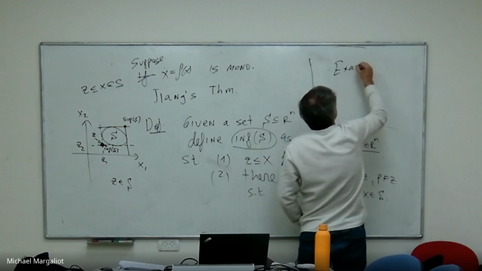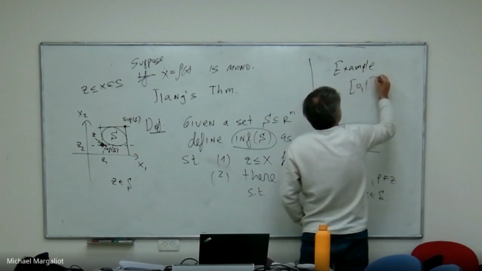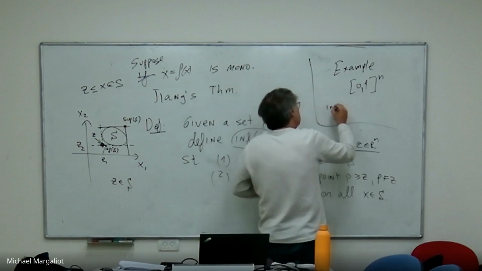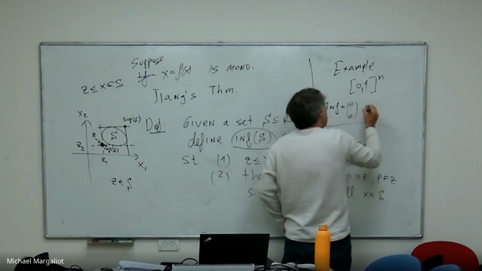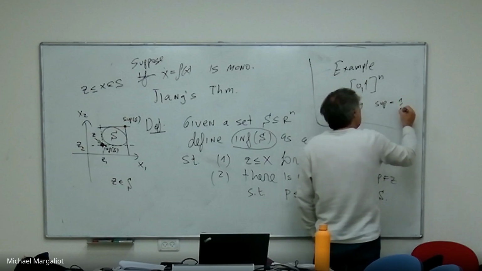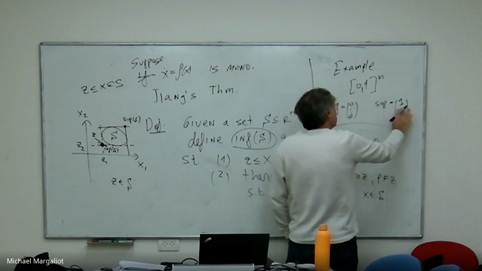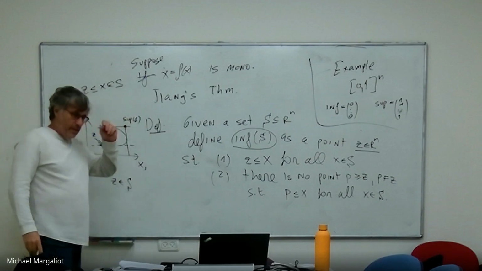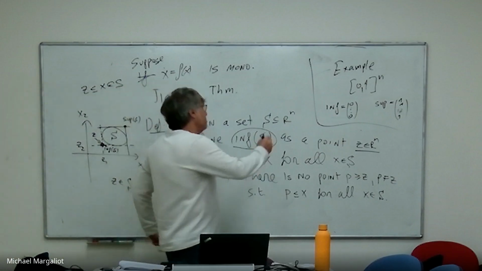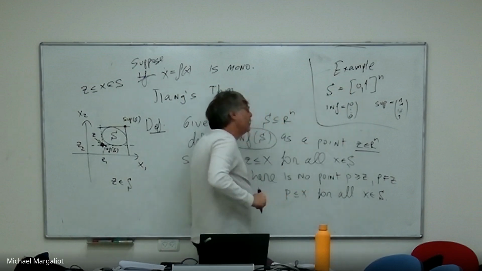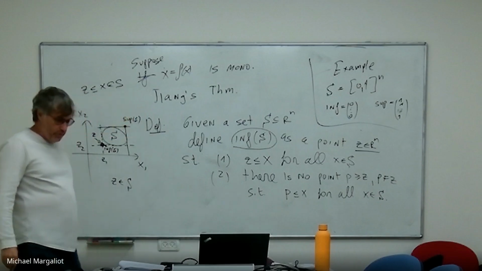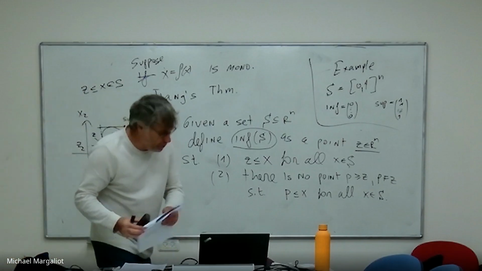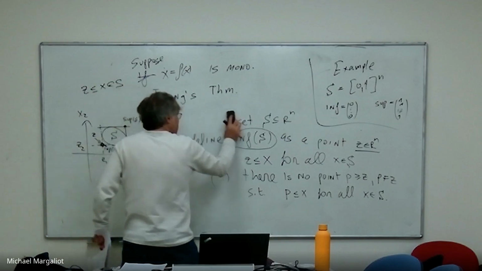In the RFM, the state space is the n-dimensional unit cube, and the infimum is (0,0,...,0), and the supremum is (1,1,...,1). So in this case, the supremum and the infimum are inside this S. S here is the state space, and the infimum in this case, and also the supremum, will be inside S. Okay, now we can state Jiang's theorem. I erase this.